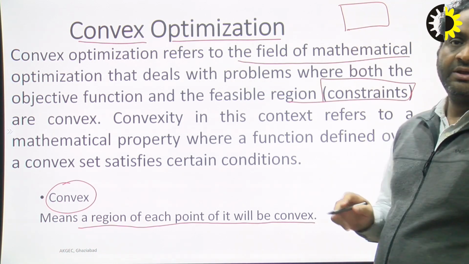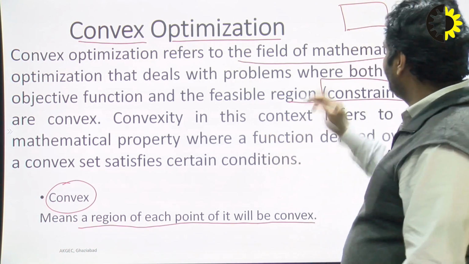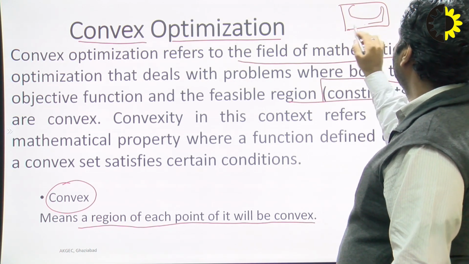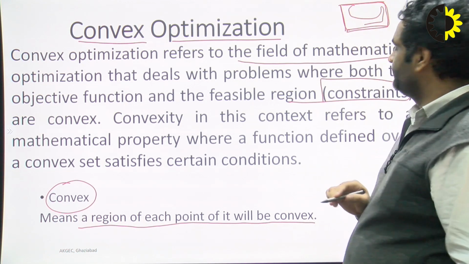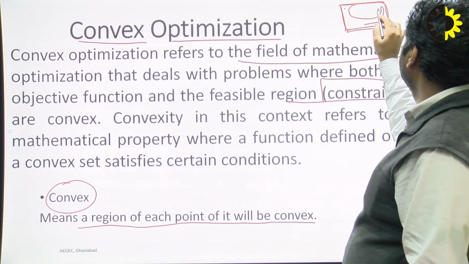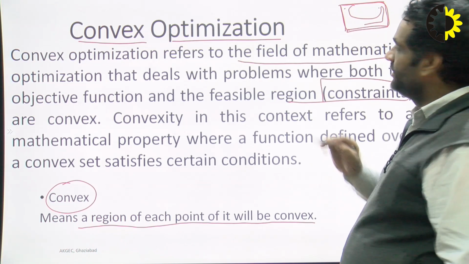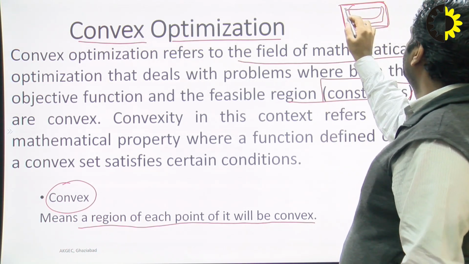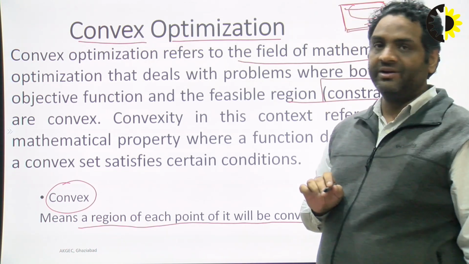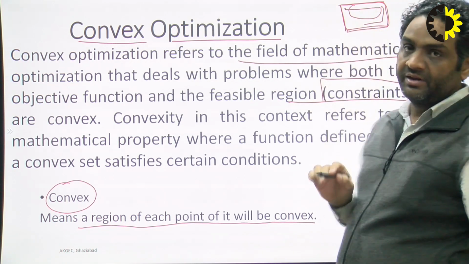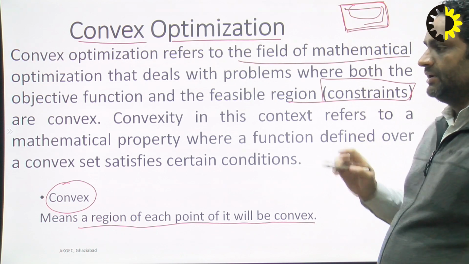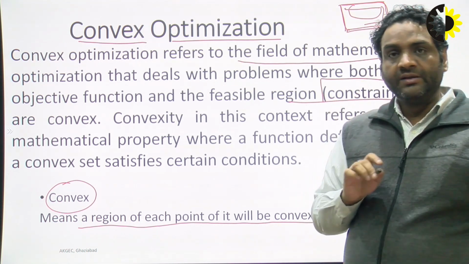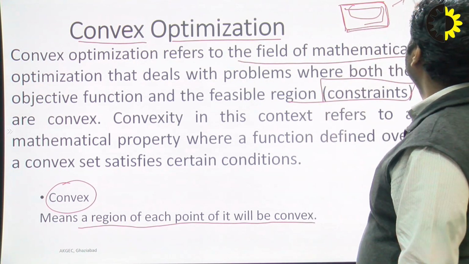It is convex if, connecting any 2 points that lie within the boundaries of this region, the line segment is completely inside this region. Then this is known as convex.